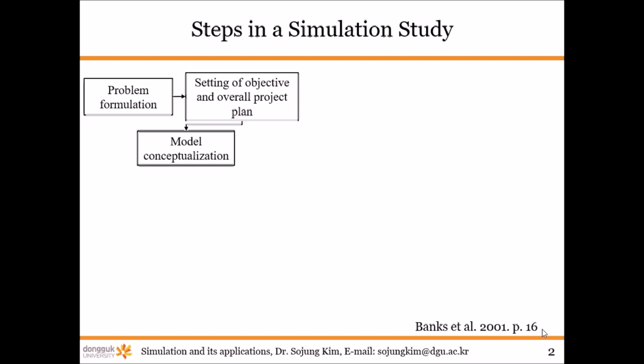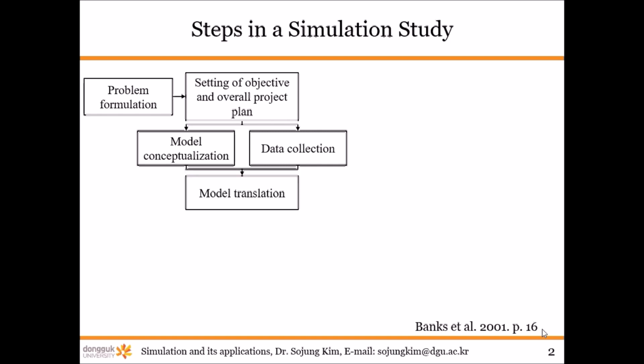And then to meet the objective and project plan, you can begin with developing a conceptual model so that you can understand the basic procedure associated with the subject system. And also you need to collect the data as well. And then once you have data and the conceptual model, then you are ready to develop the simulation model, right?